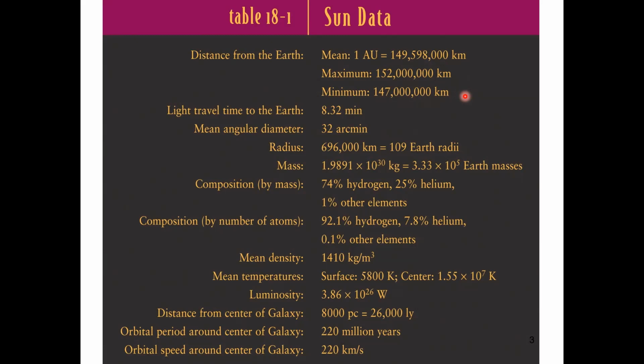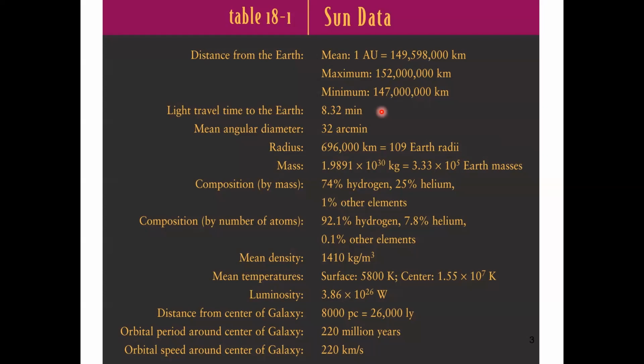Because of this distance, the light takes 8.5 minutes to get here. 8.5 minutes. So let's say you take a photograph of the sun. That photo is 8 minutes old. The moment you see it on your camera, what you see is the sun 8 minutes ago, not now.